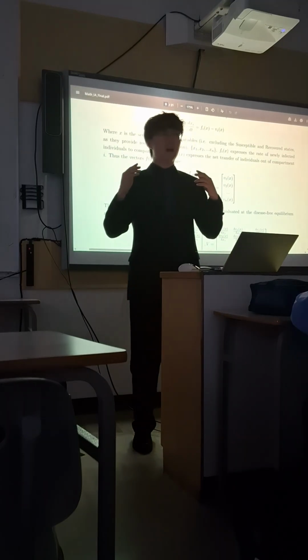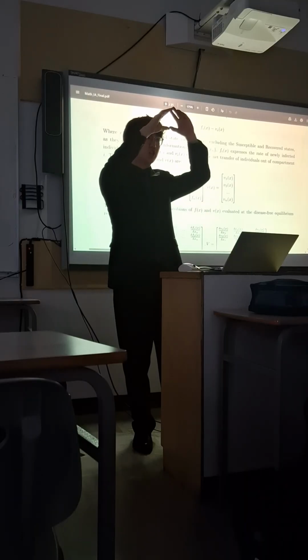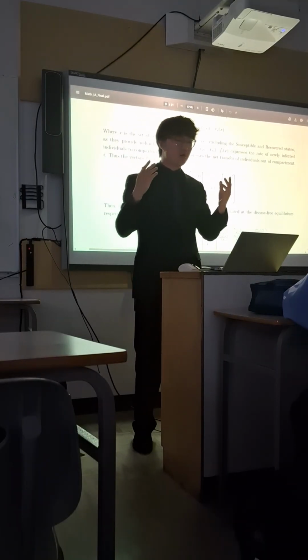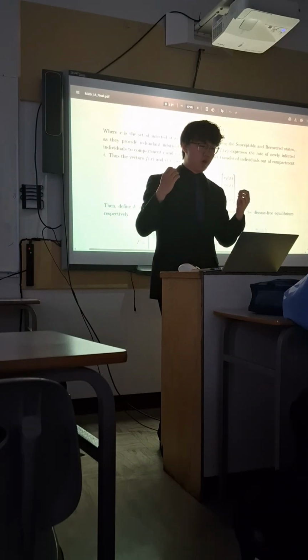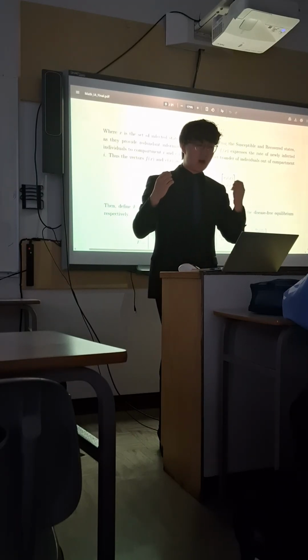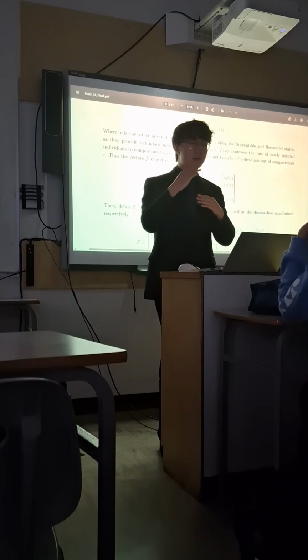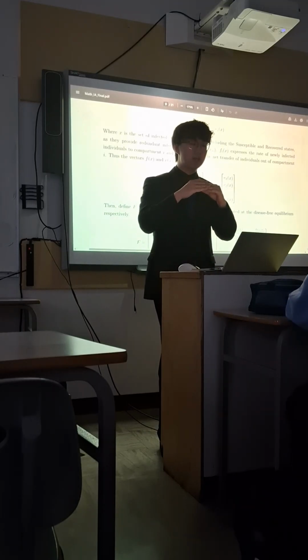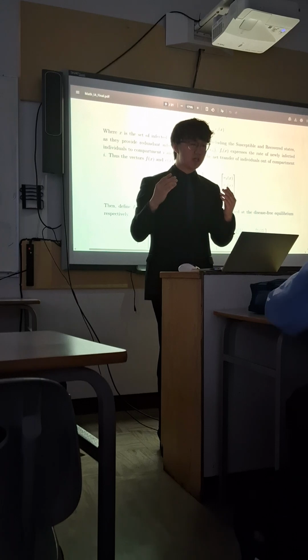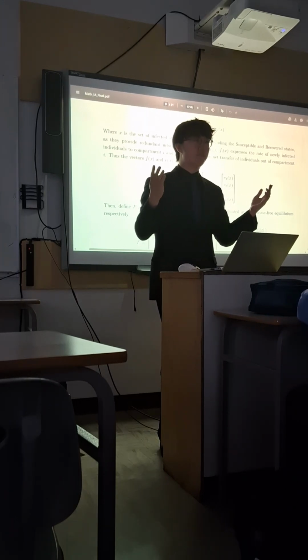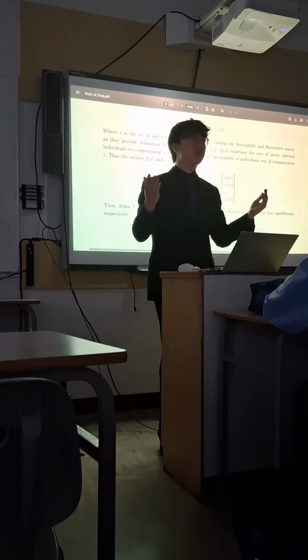So the vector f of x is a vector of a bunch of ordinary differential equations. And in these ordinary differential equations, f_i of x, so any one equation within f of x, is the rate of newly infected individuals to compartment i, which means basically the function describing when people get newly infected.